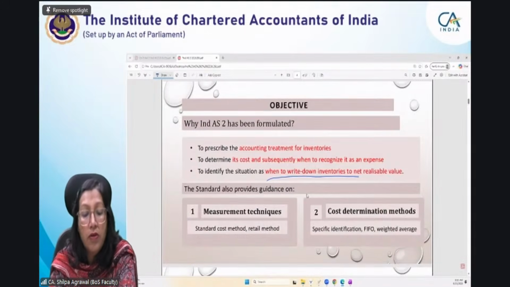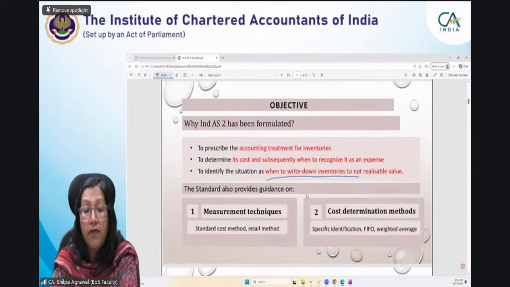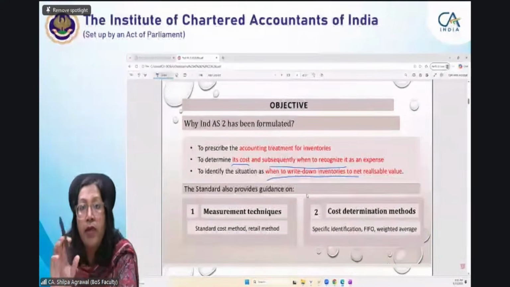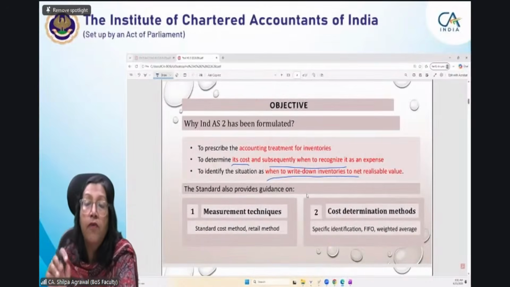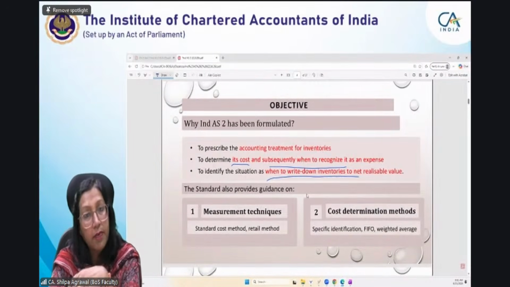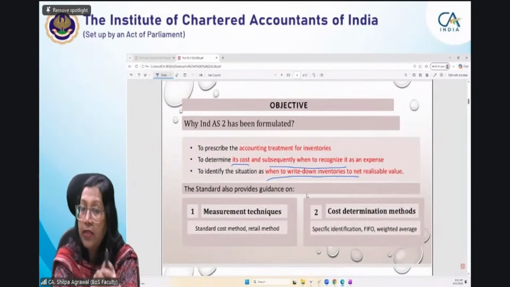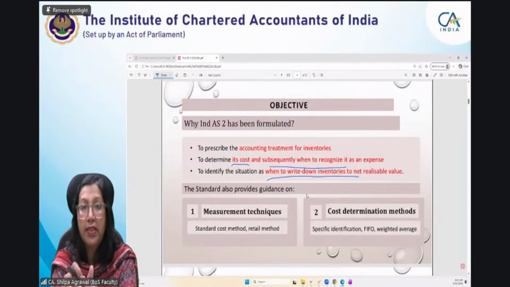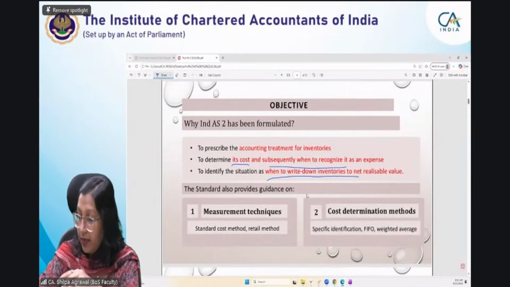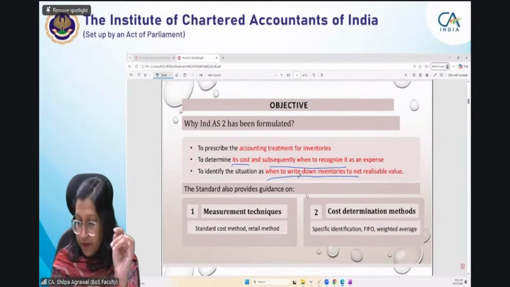Also, because we are talking about cost and subsequently when to recognize or measure it, the standard also deals with measurement techniques and cost determination methods. In different situations, for different kinds of inventories, different measurement techniques or cost determination methods are there. Okay.